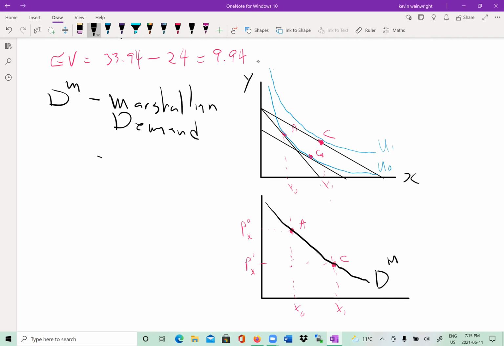Now, if the price of X fell, then the area PX0, A, C, PX1 is consumer surplus.